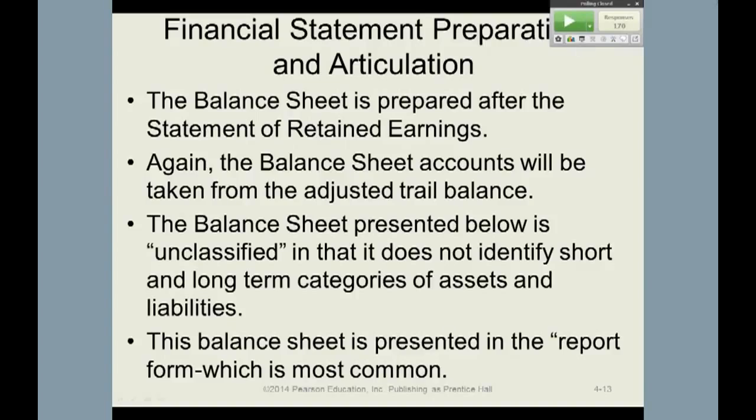Now, within those two, and again, nothing difficult, there is either a classified or an unclassified set of financial statements. This is something we need to get into in more detail, but the classification depends on a couple of things. One, the type of assets you have, and the time frame in which those assets are going to be used up.